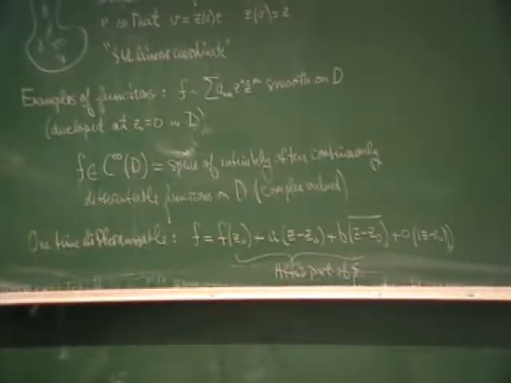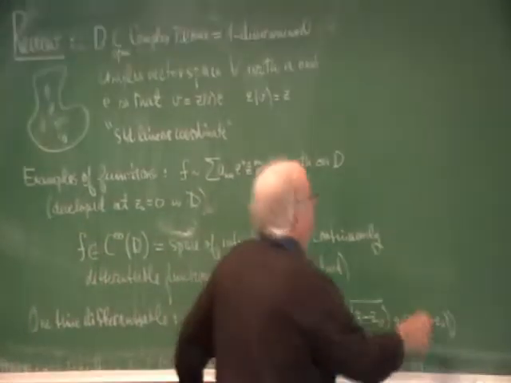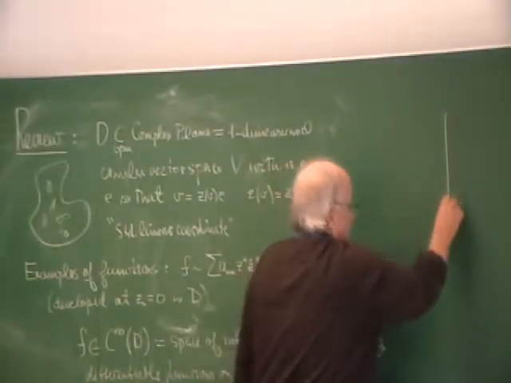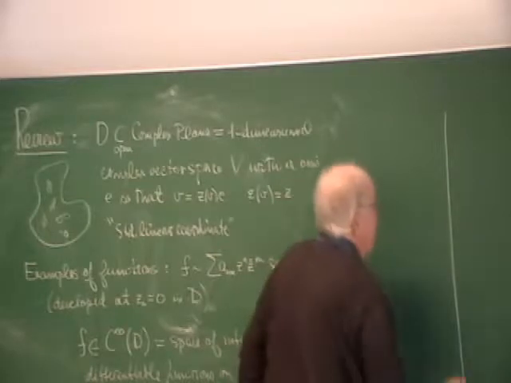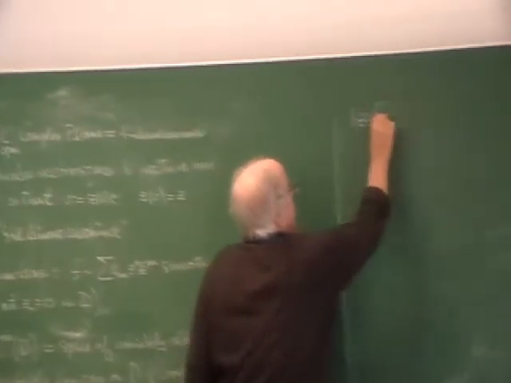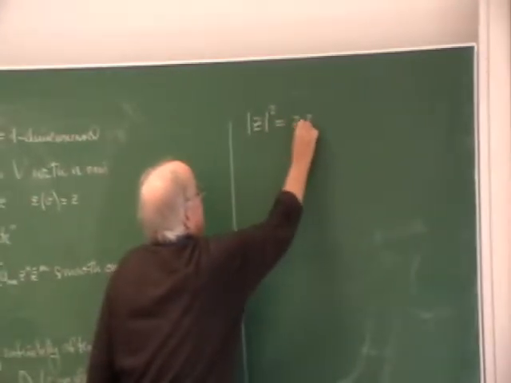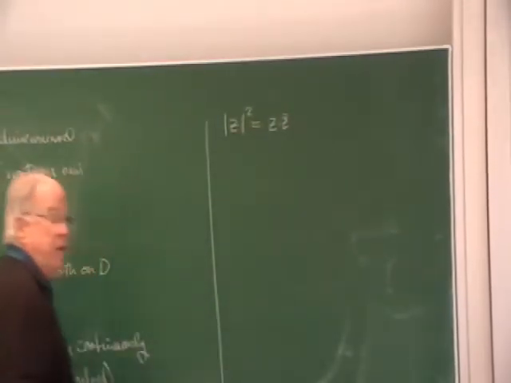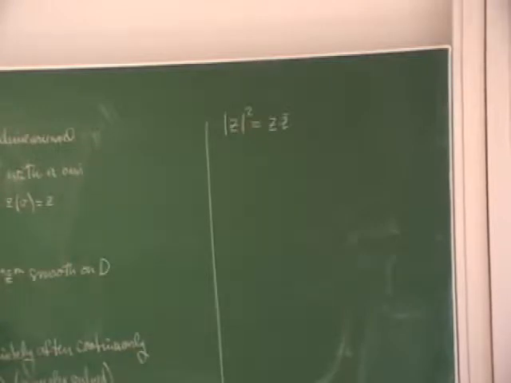So just one-time differentiable, that's those functions. And you might wonder what this norm is. This norm is canonical. Once you have the coordinate, it is canonically defined. So the norm of z squared is z times z bar. So when you have that conjugation, you automatically have the norm squared.